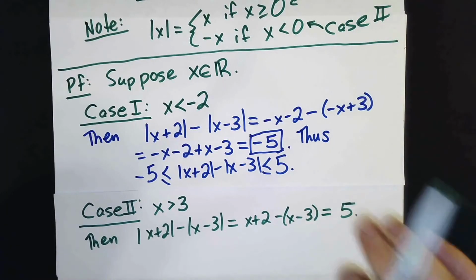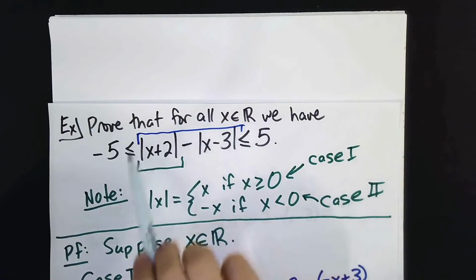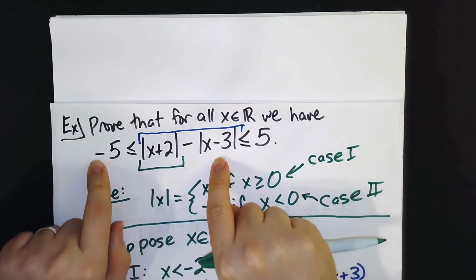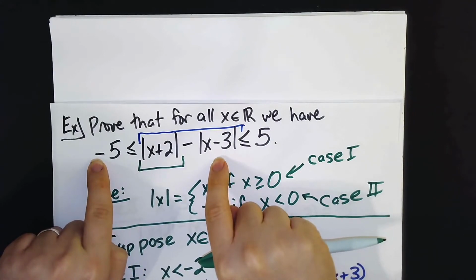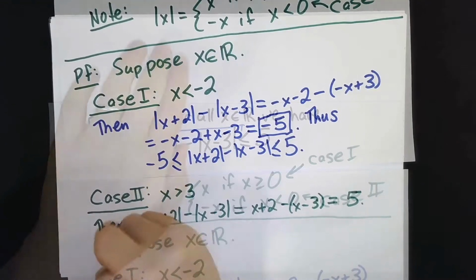So, although it's not at all obvious, if you look at this weird absolute value mush in the middle, it always gives you minus 5 for x less than minus 2, and it always gives you plus 5 for x bigger than 3. That's what we've just shown.